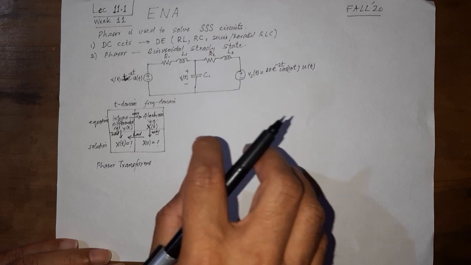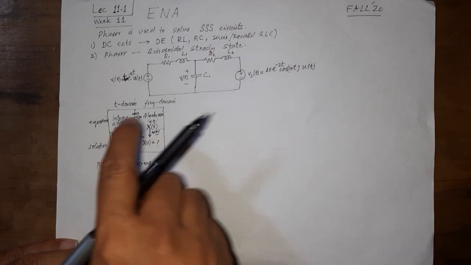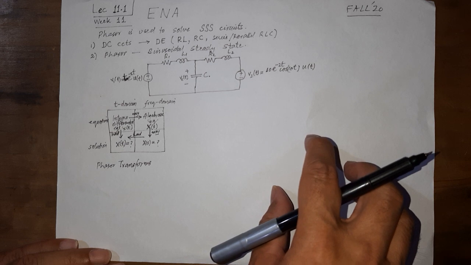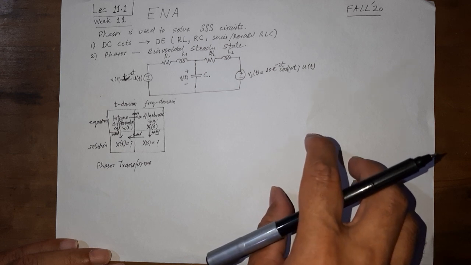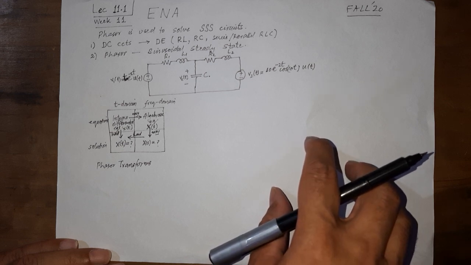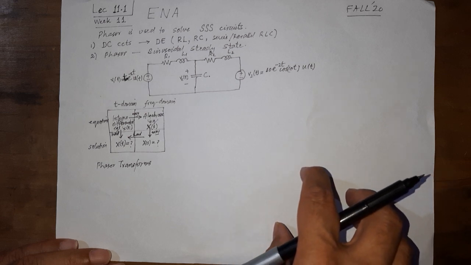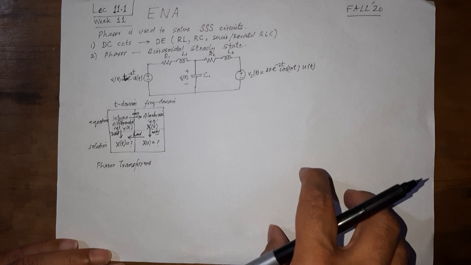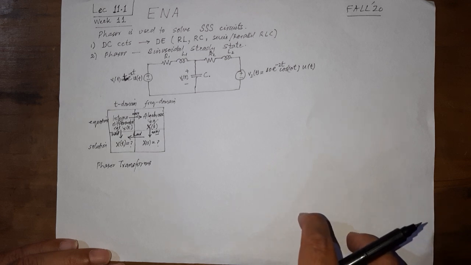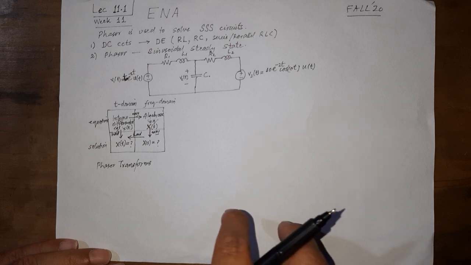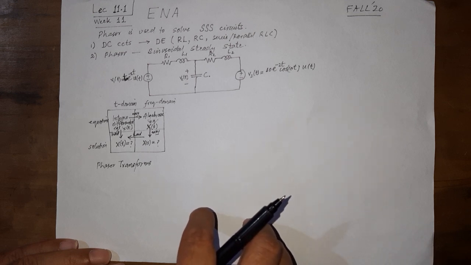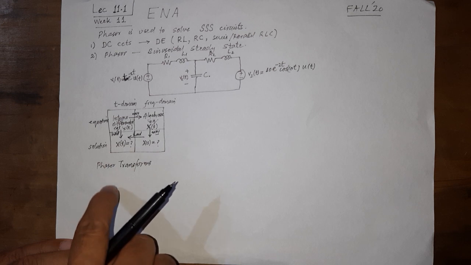We converted the whole circuit, rather than the equations, to the frequency domain, the phasor domain, and then we wrote algebraic equations in the frequency domain, solved them, and then brought back the answer in the time domain.